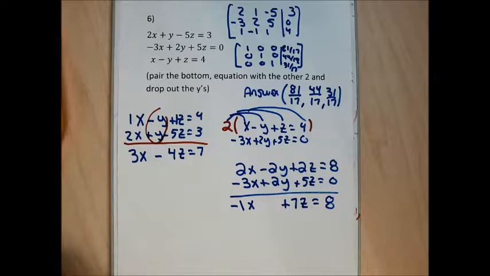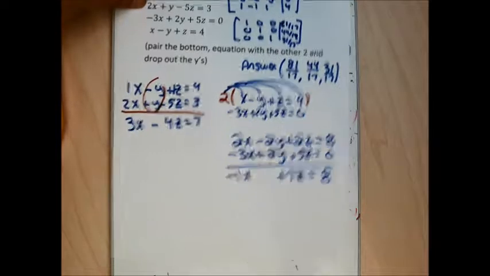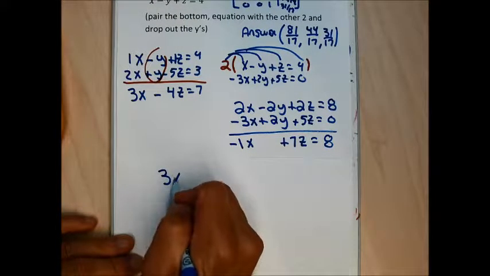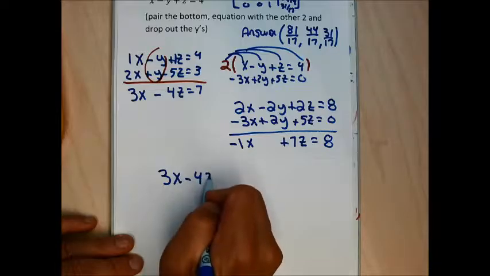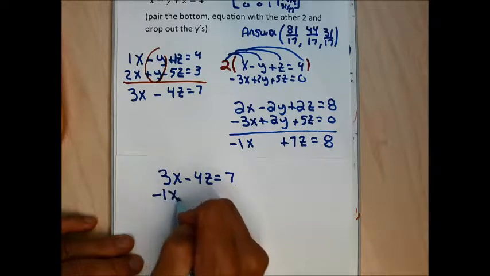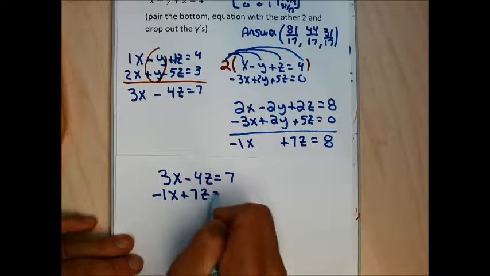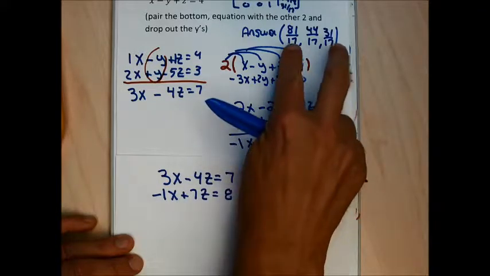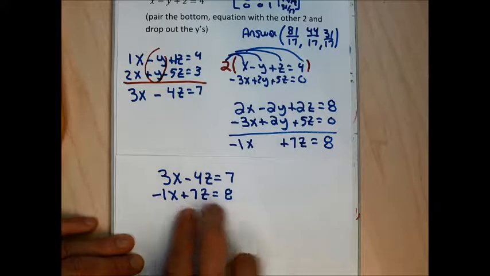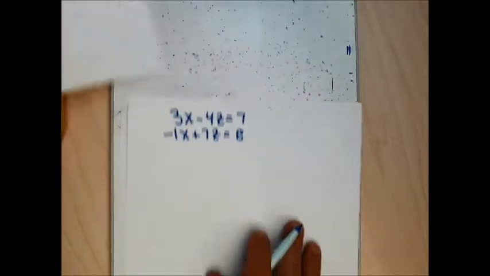Ready to move on to step 2, where I'm going to go onto a separate sheet of paper and write these two equations on top of each other. 3x minus 4z equals 7, negative 1x plus 7z equals 8. I should get the 81 over 17 for x and 31 over 17 for z when I work with this pair of equations.